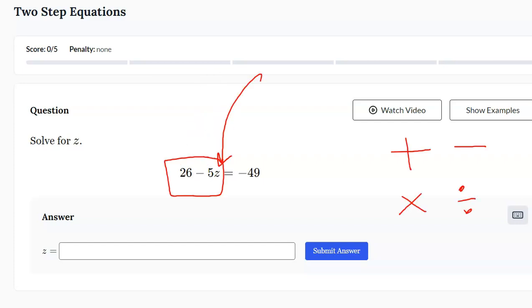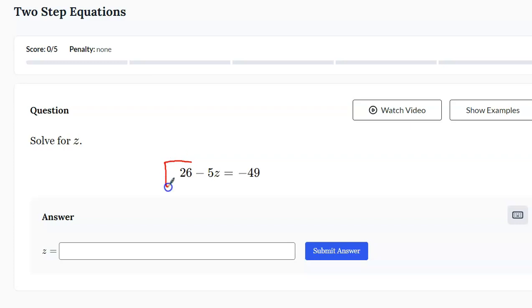Now pay close attention to the constant here and notice that I am not putting a box around this minus sign. That belongs to the coefficient. It does not belong to 26. So in order to do the inverse here of 26, which is a secret positive 26, we're going to write a negative 26 underneath on both sides.